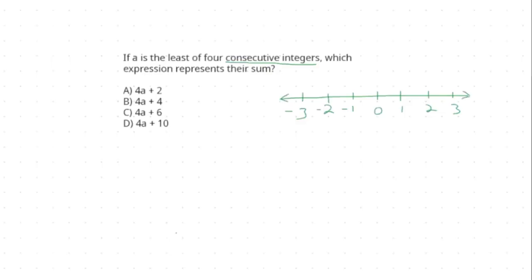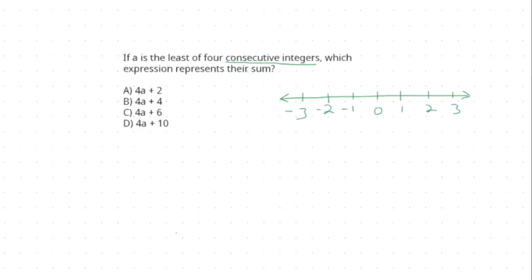Now, when we're dealing with consecutive integers, we are concerned with those integers that come one after the other. So, for example, -2 and -1 are considered consecutive integers because -1 comes right after -2. Or we could say 0 and 1 are considered consecutive integers because 1 comes right after 0.